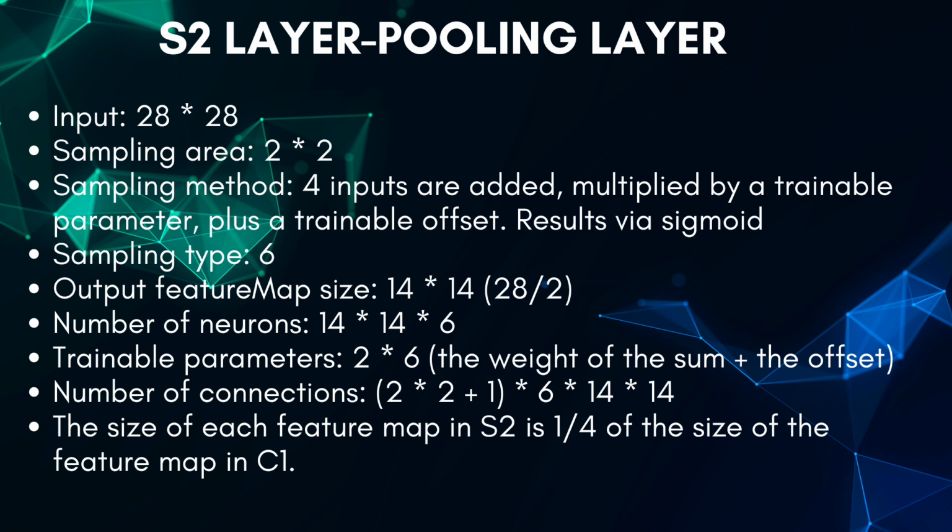With only 12 trainable parameters and over 5,880 connections, this layer reduces the complexity of the network while retaining important features from the input. That's a quick look at how the S2 pooling layer works in LeNet 5.